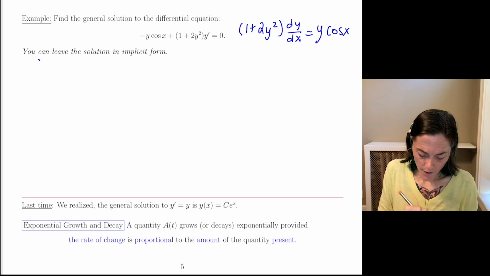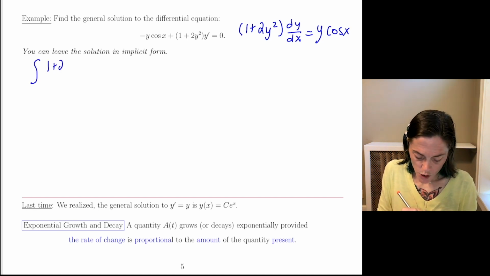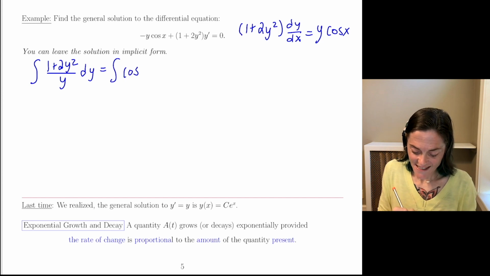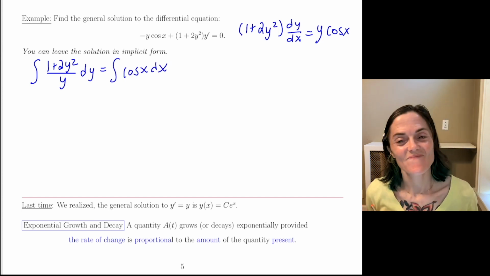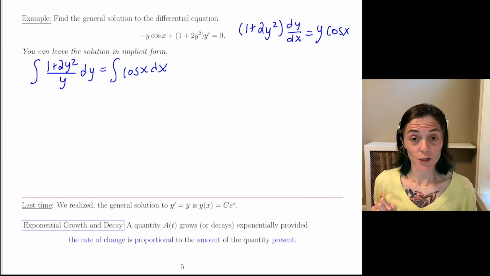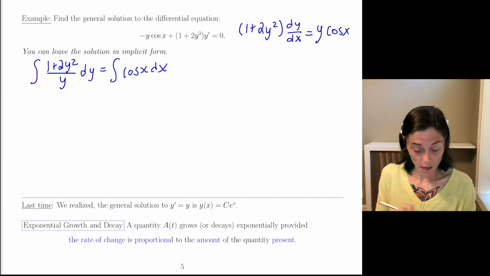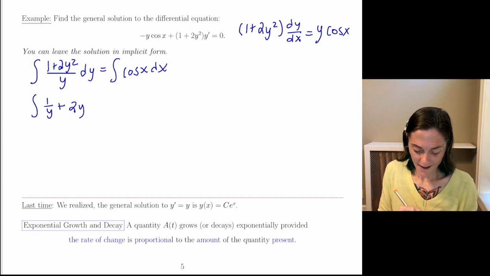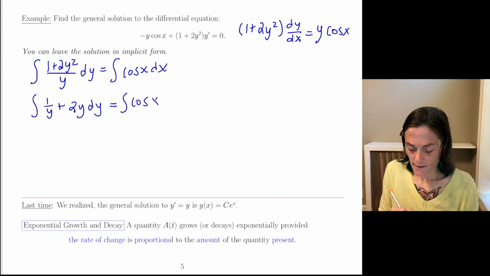So we will have the integral of 1 plus 2y squared over y dy, and this will equal the integral of cosine x dx. Well, the left-hand side is not substitution. We can just write this as a sum of two terms. So we have the integral of 1 over y plus 2y dy is the integral of cosine x dx.